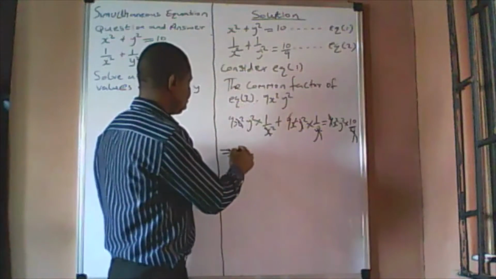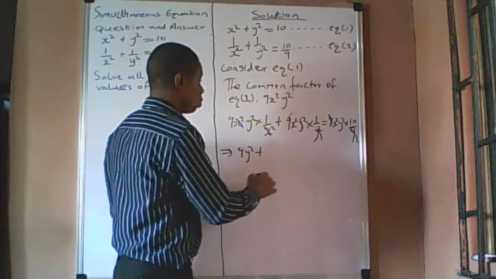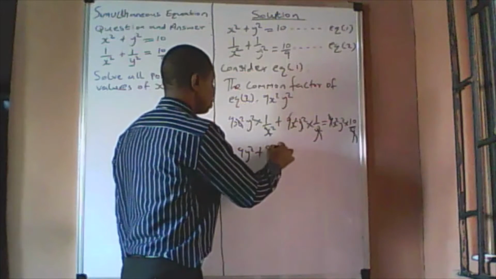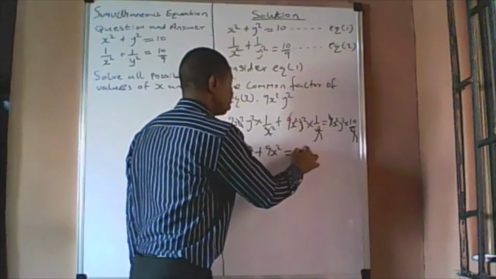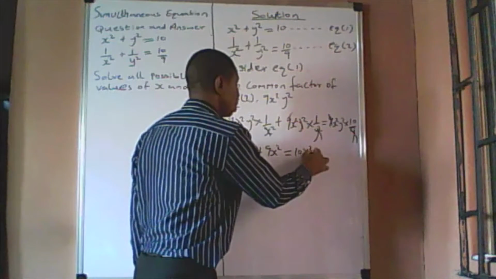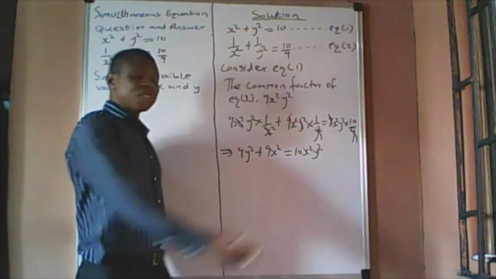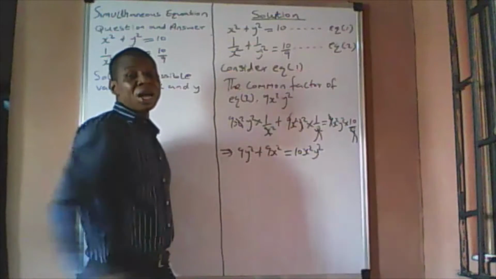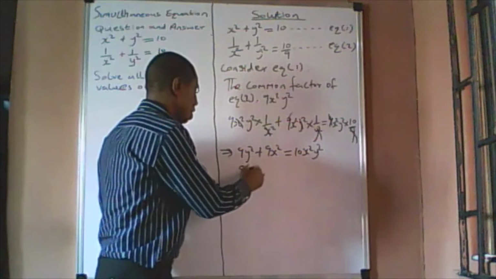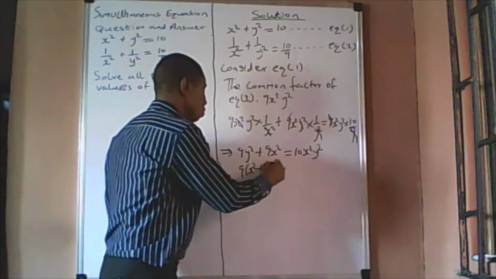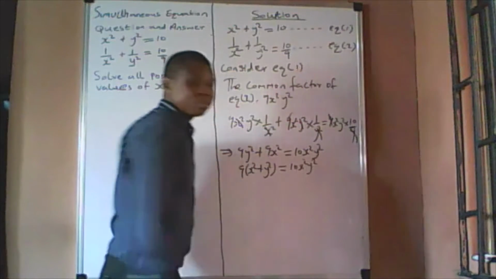It implies 9y squared plus 9x squared equal to 10x squared y squared. Now let's factorize the left hand side of the equation. Factorize it, we get 9 bracket x squared plus y squared equal to 10x squared y squared.